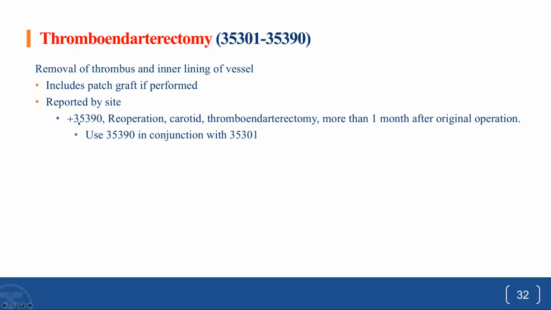And again, if it came back, the time frame they have listed here is more than 1 month after the original operation, you would use CPT code 35390 in conjunction. It tells you there, 35301. That's for the thromboendarterectomies.